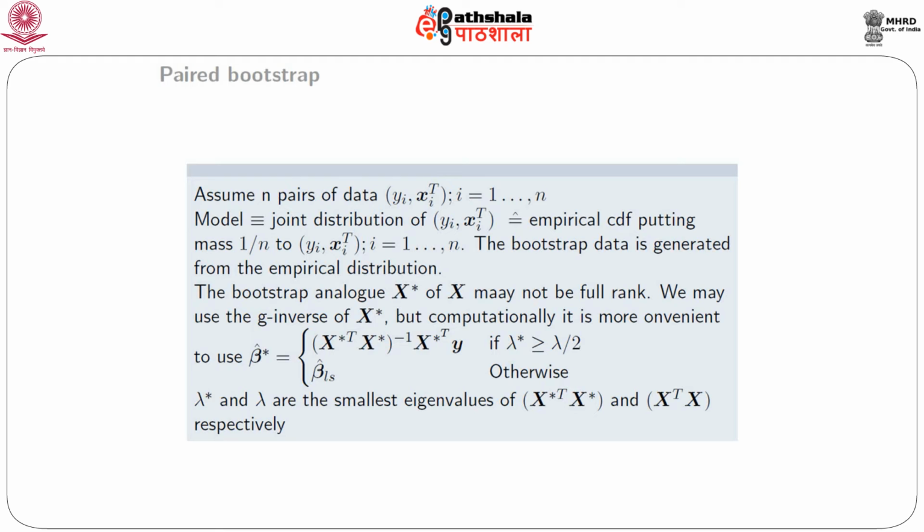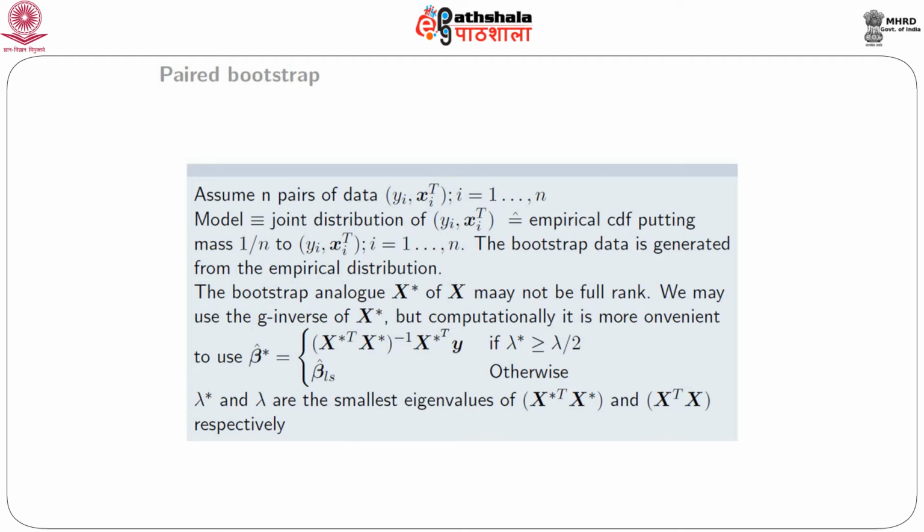That is, lambda star is the smallest eigenvalue of the bootstrapped X*^T X*, while lambda is the smallest eigenvalue of X^T X. Now, it can be shown that the expectation of beta hat under this bootstrap setup is more or less equal to beta hat, and the variance of beta hat under the bootstrap setup comes out to be of the form given below.